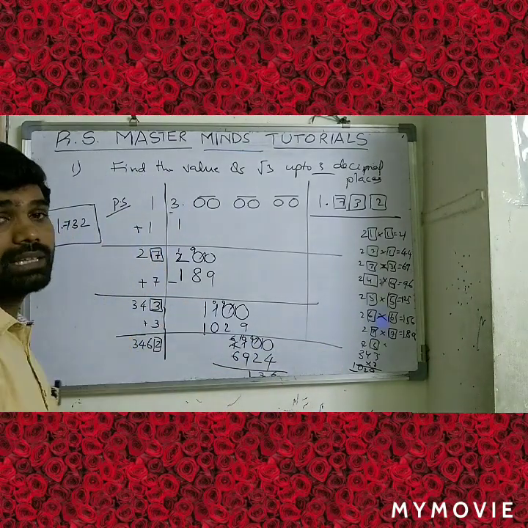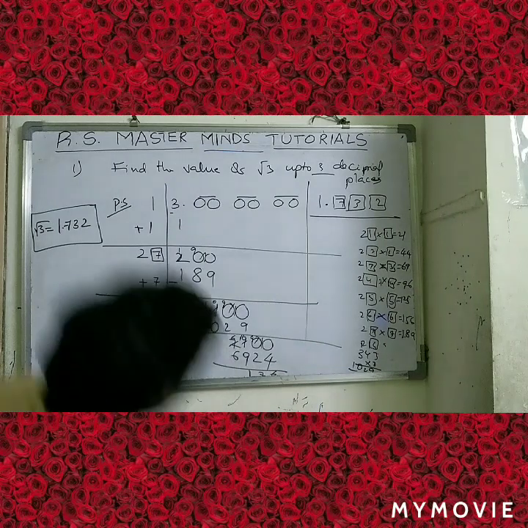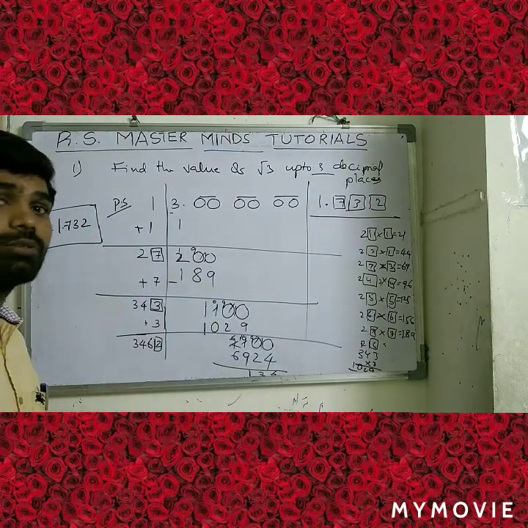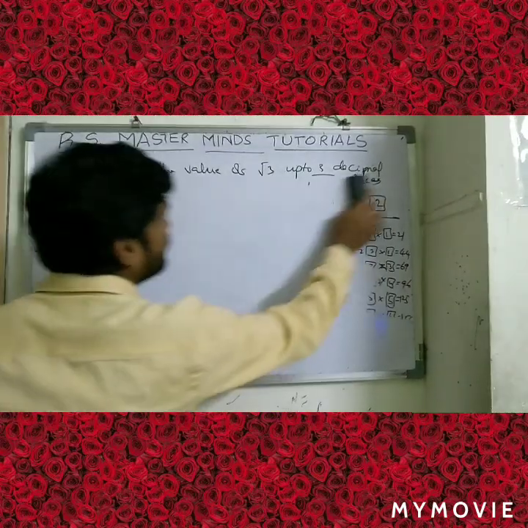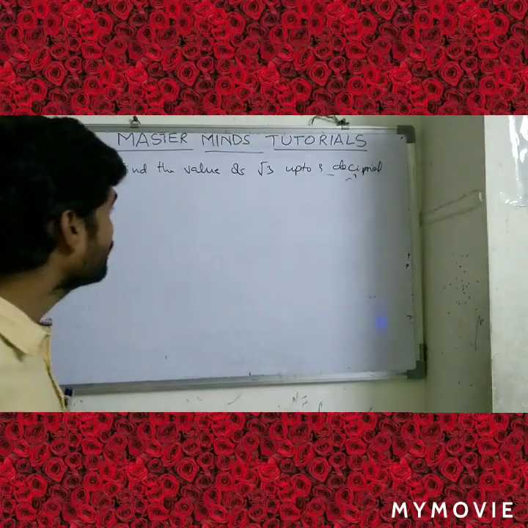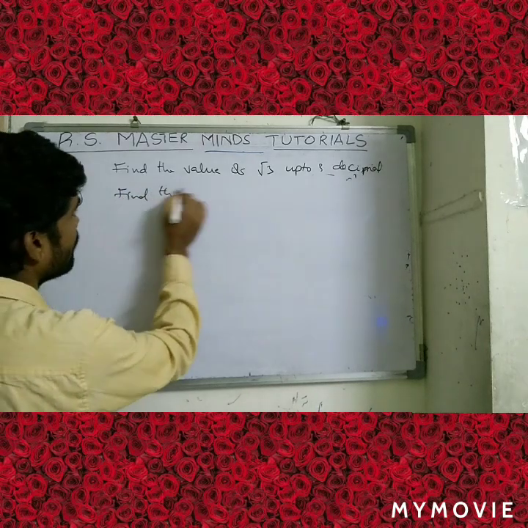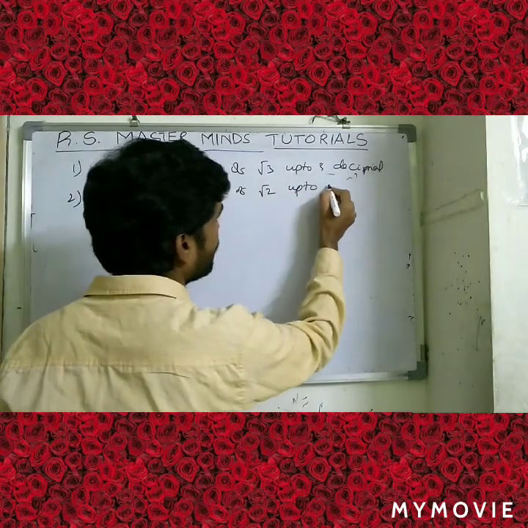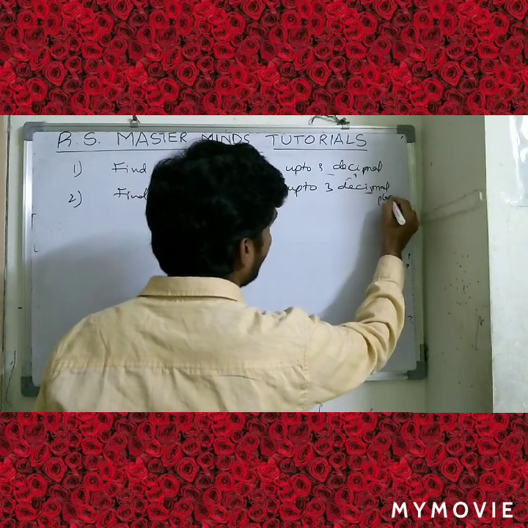I gave you some numbers here. Multiply like this and find the value of under root of 3. Practice some more numbers, then you will understand very well. Along with this, I will give you 2 more problems.